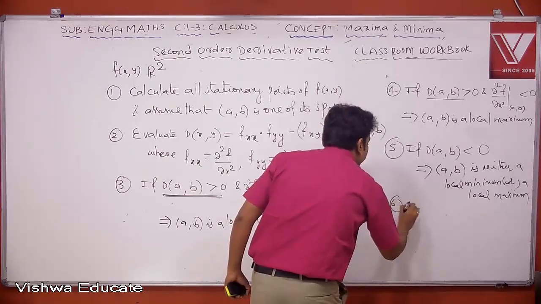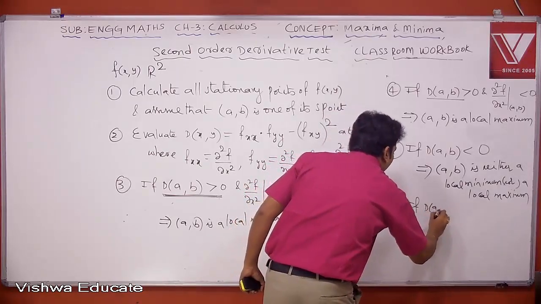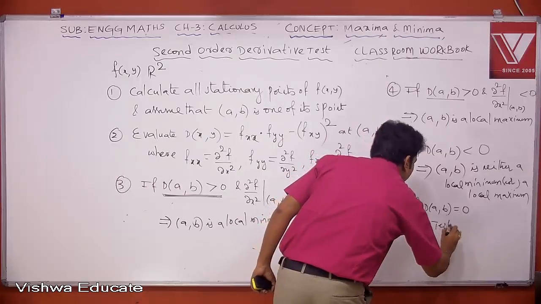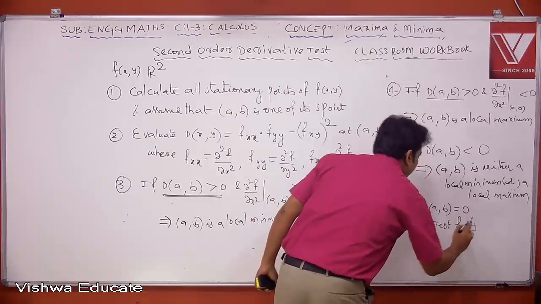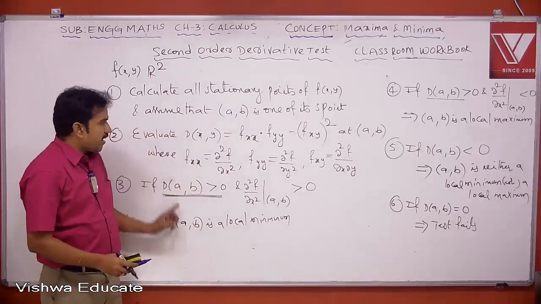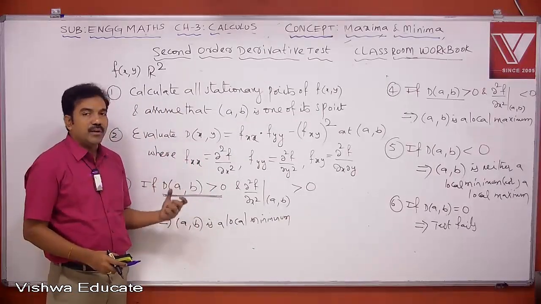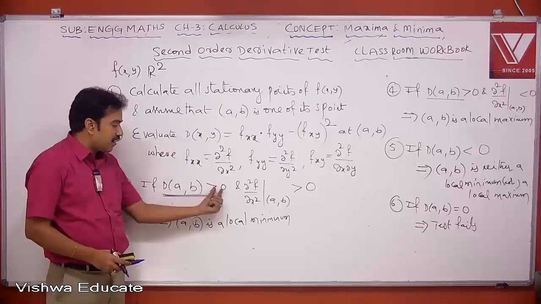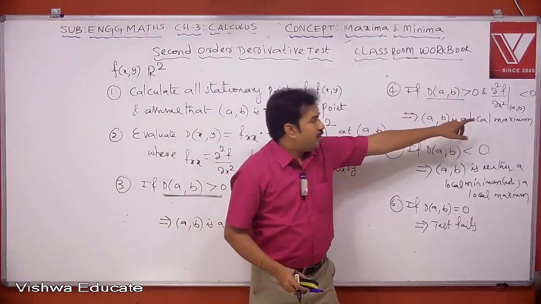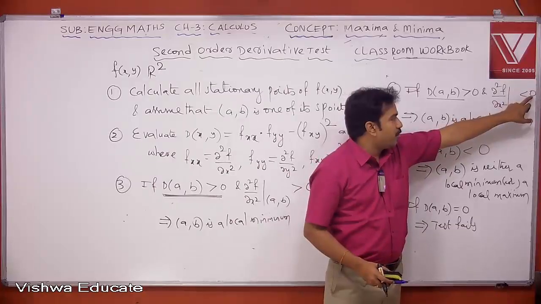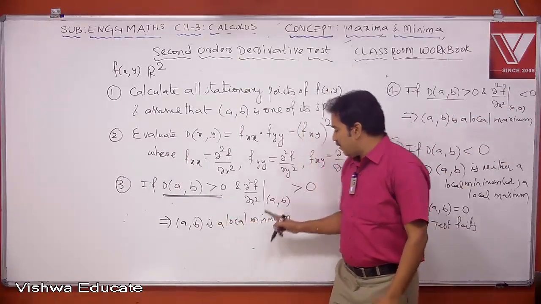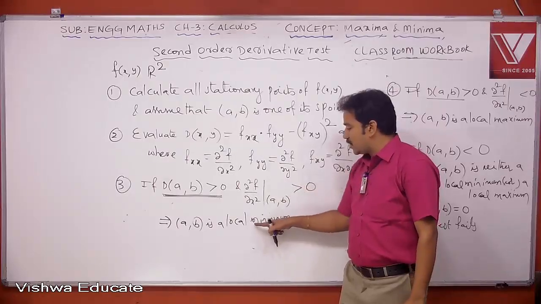Now the last step: if d of a comma b equal to 0, implies the test fails. Test fails means the point behaves differently in different examples. When you look at case 3 and case 4, the condition to get an extremum point is that d must be greater than 0. When the second derivative at a stationary point is less than 0, the point is a local maximum. When it is positive, it is a local minimum.